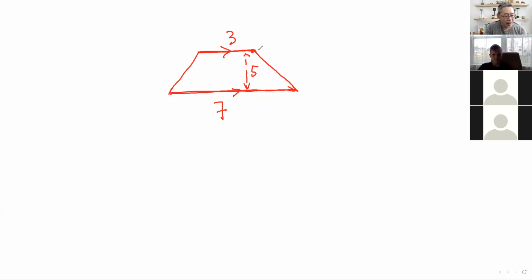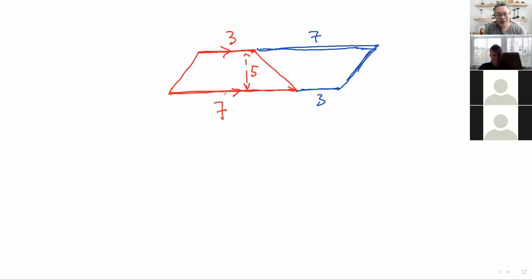Well, we're going to do a trick here. We're going to copy this trapezoid and flip it upside down and put them together. And you can see that we got this. This side is 7, this side is 3. So we flip it upside down and put it together.